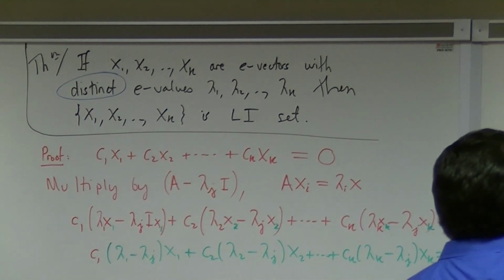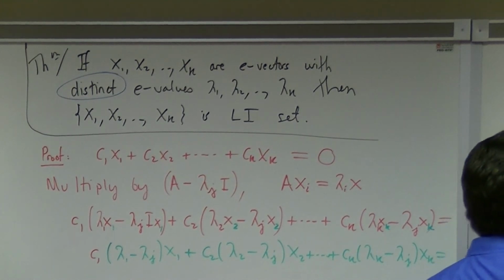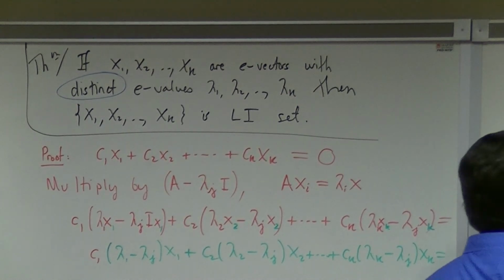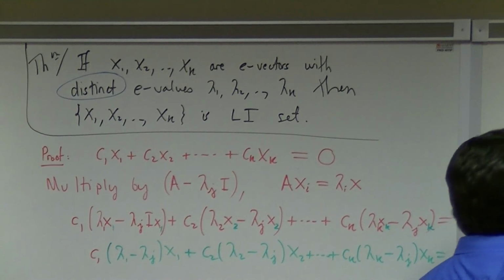And so that would have been C1 lambda 1 x1 minus lambda 1 x1, so that goes away, plus C2 lambda 2 x2 minus lambda 1 x2 equals 0.